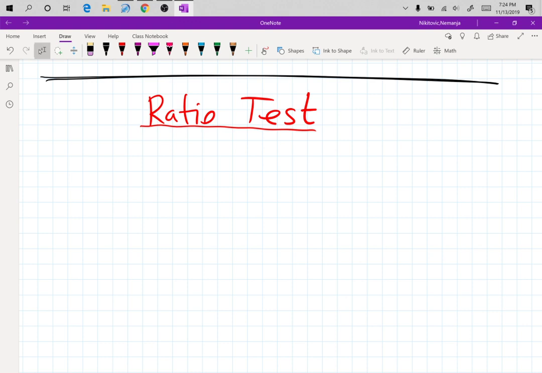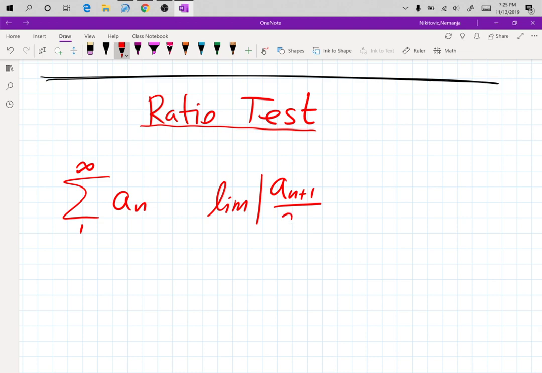which says you have some series a_n going from, let's say, 1 to infinity. You can start at 7. And you have this limit of the absolute value of a_(n+1) divided by a_n as n goes to infinity. This one can spawn 3 different answers.